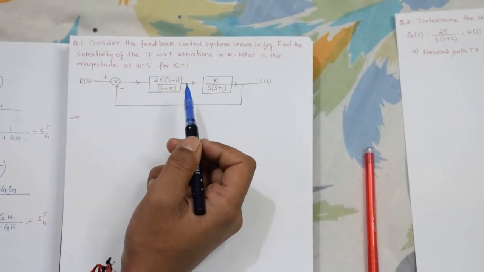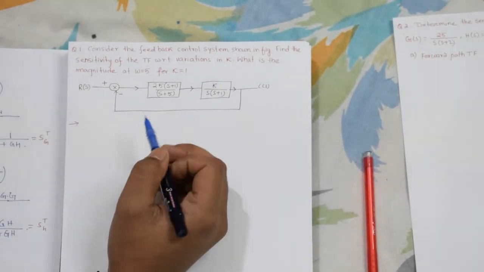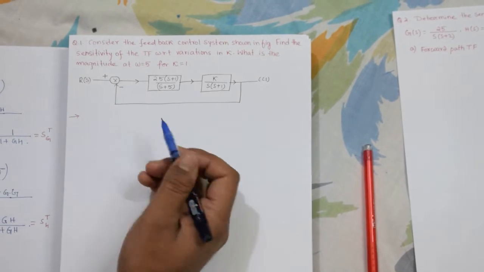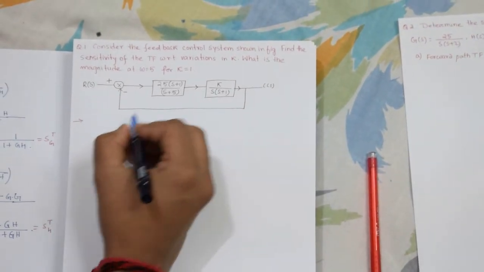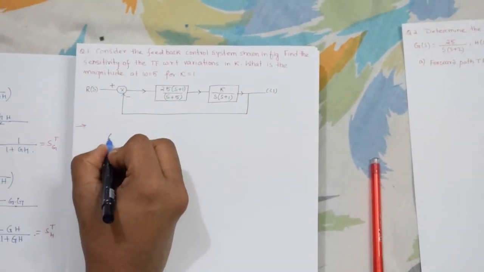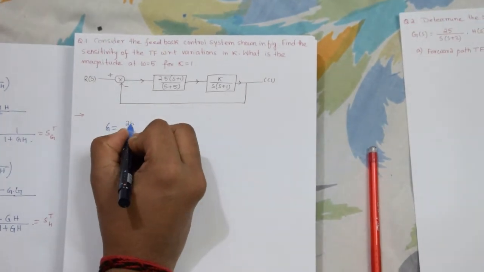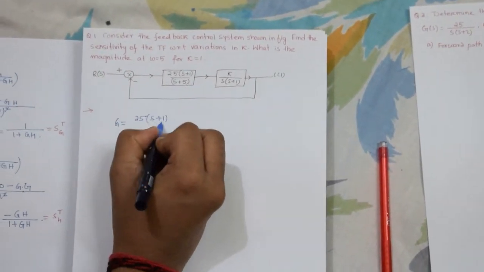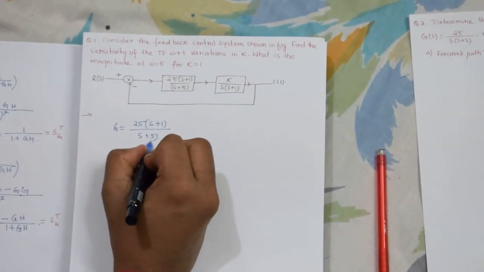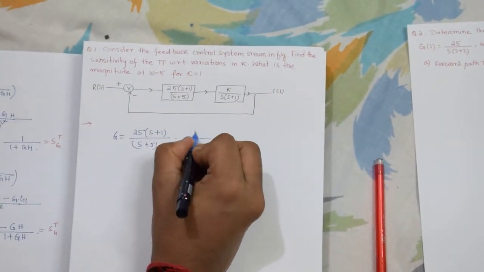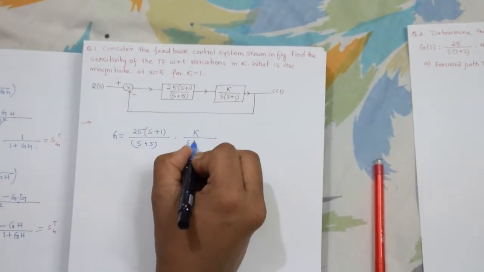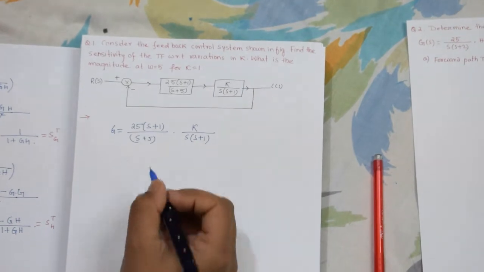So now first of all we will find what is our g, means open loop gain. From here we can find g equal to 25 into s plus 1 by s plus 5 into k by s into s plus 1.